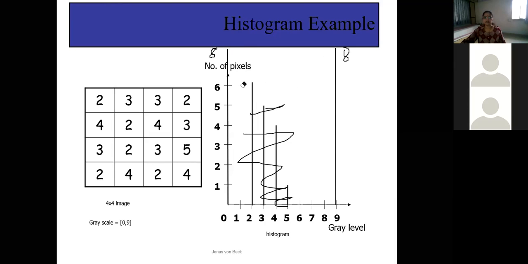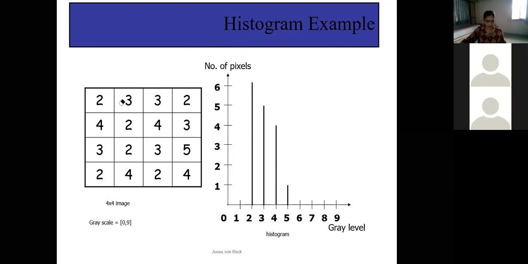Now, say your first column takes the minimum value, say 0.